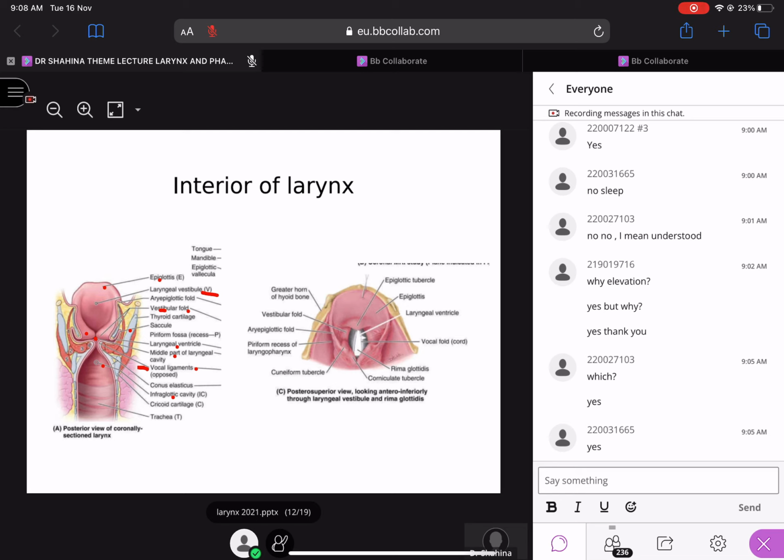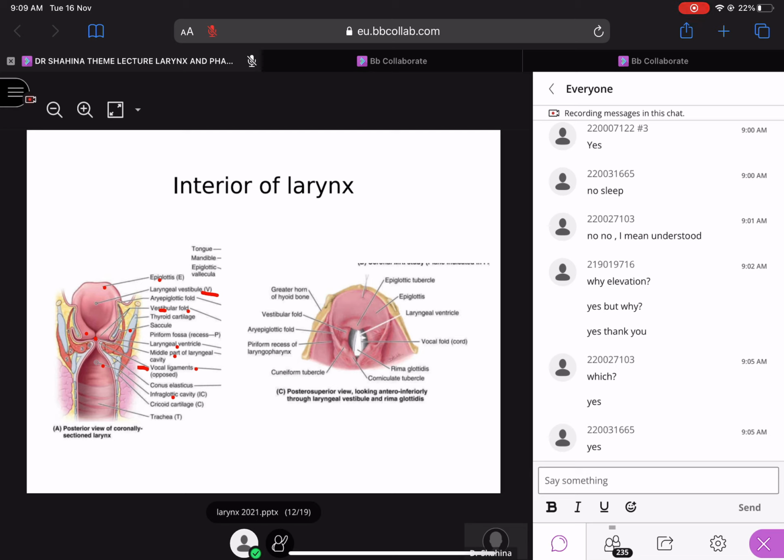This will moisten the vocal folds, because all of the interior has mucus secreting glands, except the vocal folds or vocal ligaments, which do not have them. So the extra mucus secretion from here will keep them moistened. And the interior is lined by the mucous membrane. In this mucous membrane you will see the different muscles that we'll talk about now. So this is just in short about the interior.